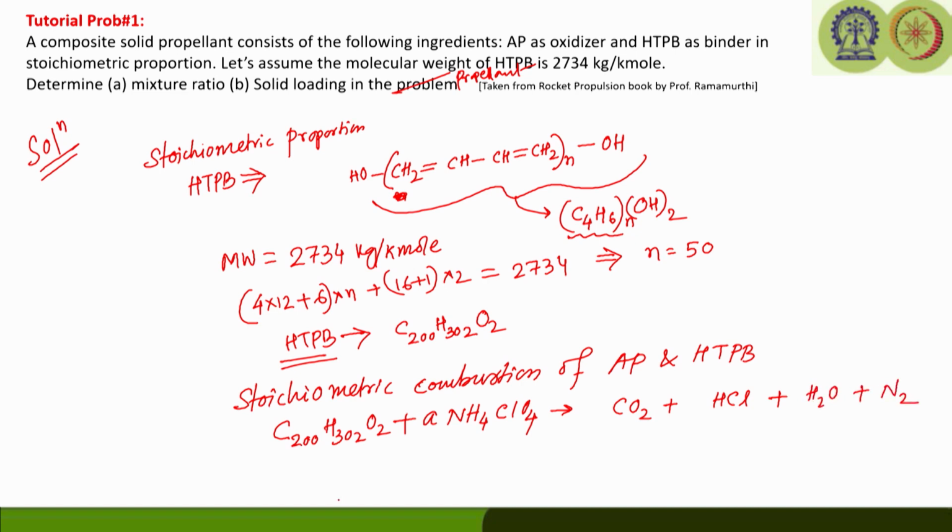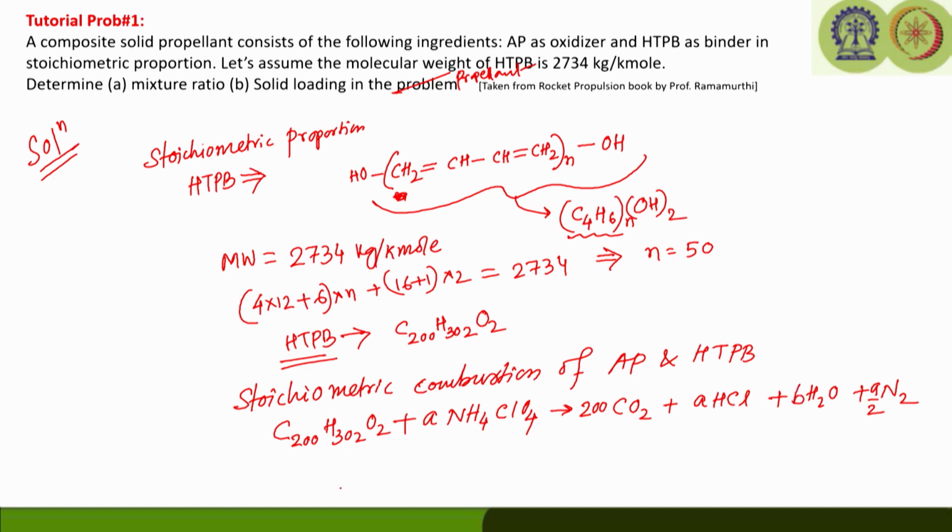We can easily write the nitrogen molecule. This will become A by 2, because here it is A N. Carbon dioxide we know, because there is only one carbon atom here, so we can directly write 200 CO2. HCl we do not know, so we can write A. We have H here, and the other can be B H2O.